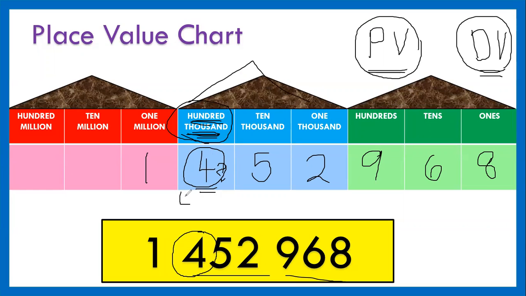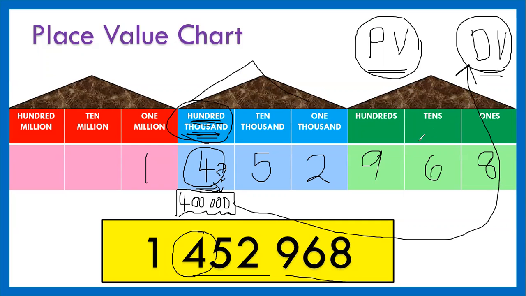You would have to write it as 400,000. Which means all the zeros at the back would have to be written down in order for you to show that this 4 is actually not just 4, it's 400,000. This is what we call digit value.